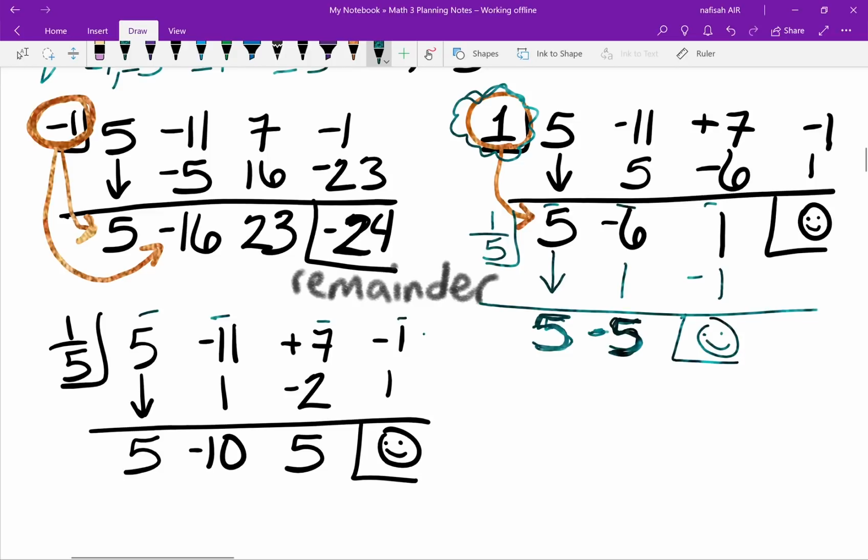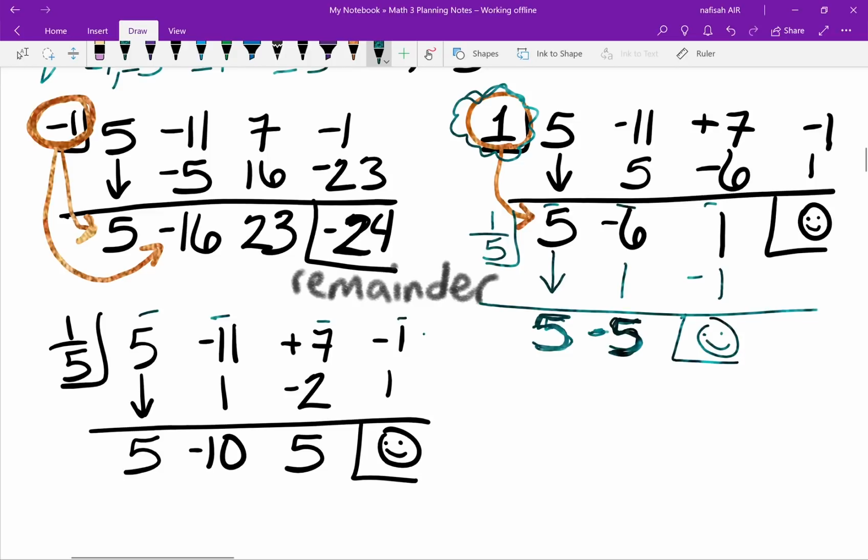So what that means is the other root might be irrational, or I could have a double root, a root with a multiplicity of 2. In this case, I have a root with a multiplicity of 2. 1 is a root again. It's a double root.